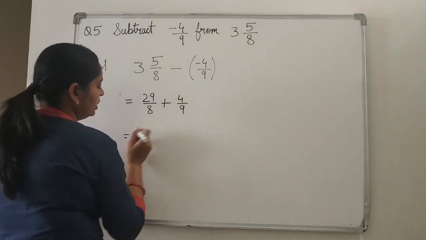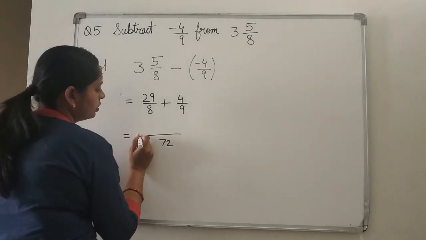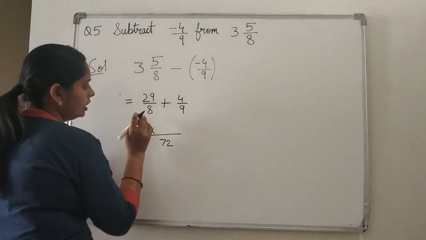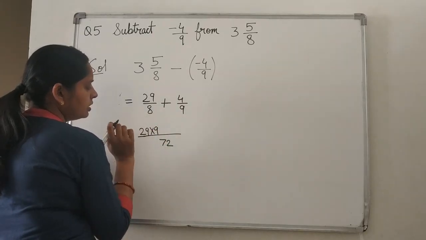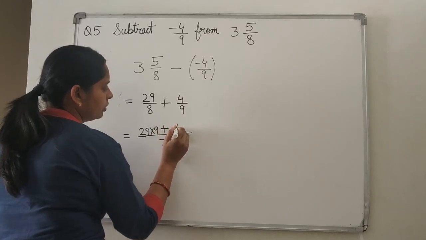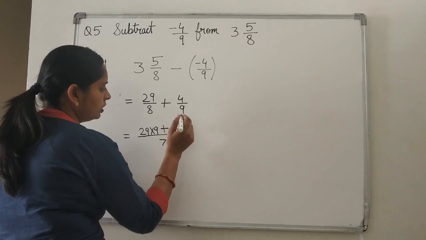For the LCM of 8 and 9, 8 9s are 72, so 72 will be the LCM. Then 29 multiplied by what do we need to multiply? 9, because 8 9s are 72, plus 4 into, what do we have to multiply? 9 8s are 72, so 8.